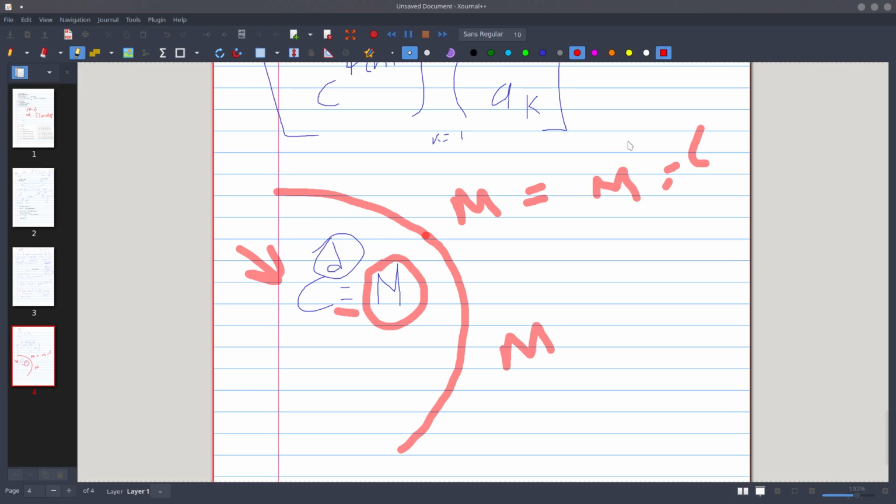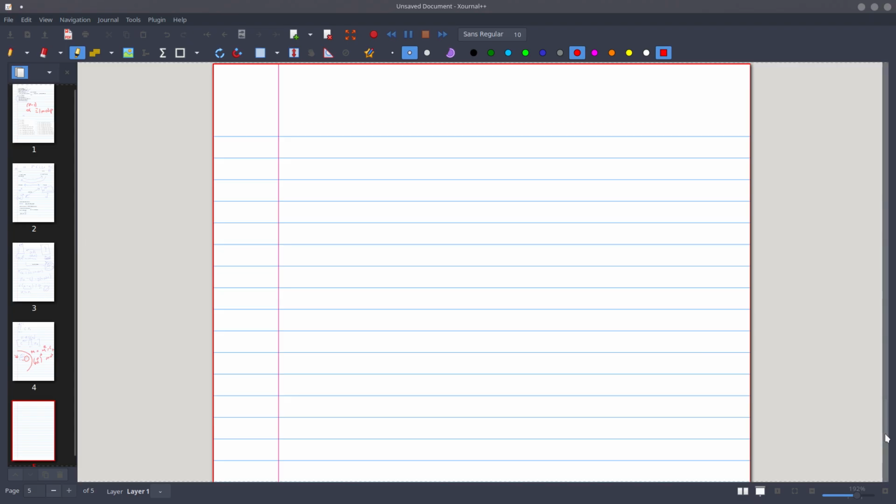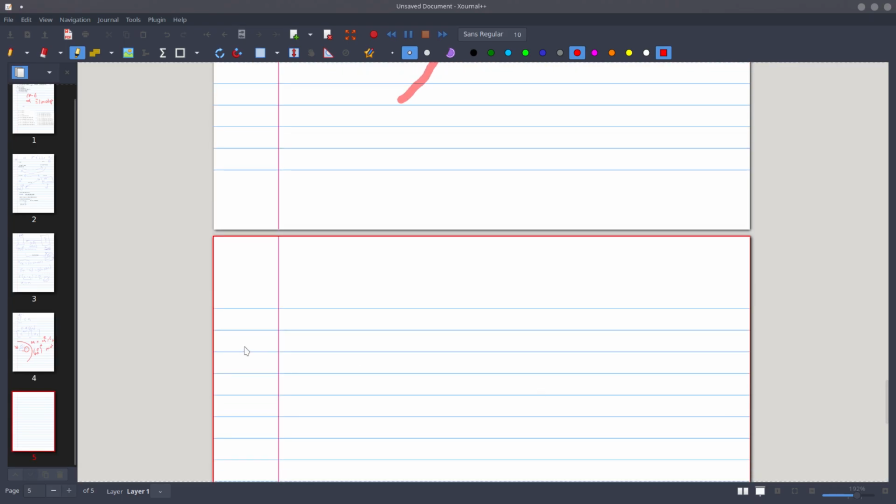RSA encryption is you take the public key, not the private key, so it's m raised to the e, all raised to the d, reduced modulo n. That's really terrible, but okay, it's legible. Insert page after. And so now what we end up with is m raised to the e times d, mod n.